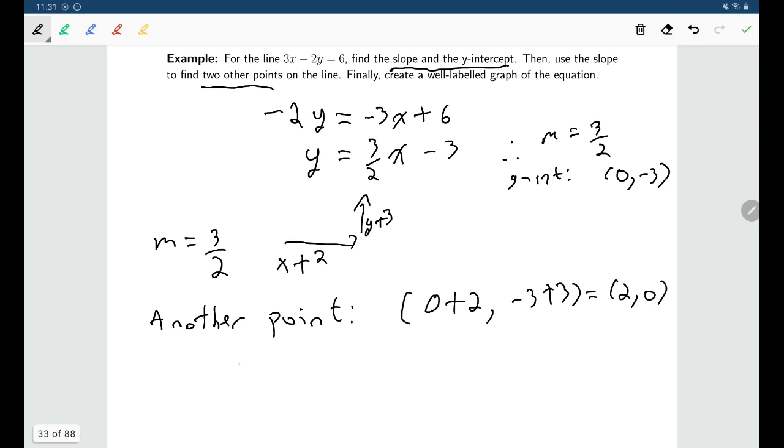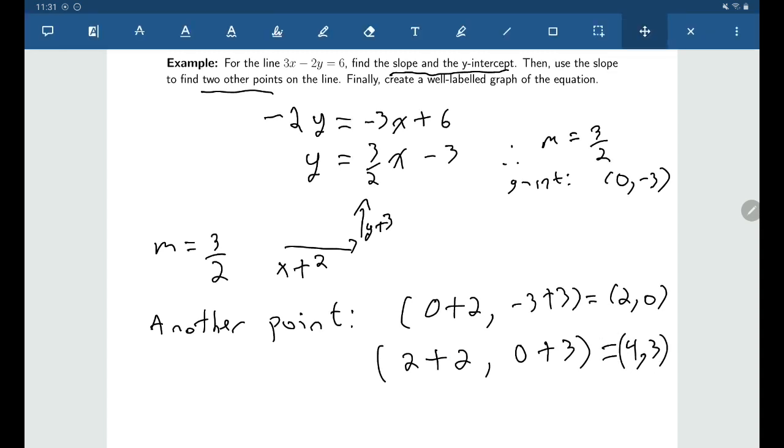And if we want to find another point, we can take 2, 0 and do the same thing. Go 2 to the right and then up by 3 to give us the point 4, 3. So now we've got 3 good points. We have the y-intercept, we have 2, 0, so that's actually an x-intercept, and we have a third point, 4, 3.